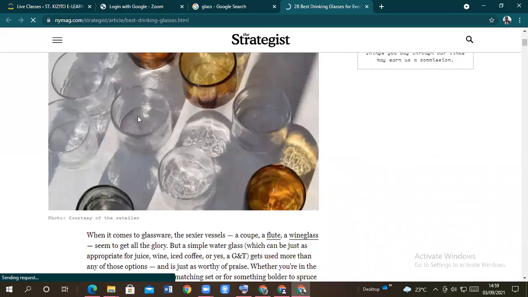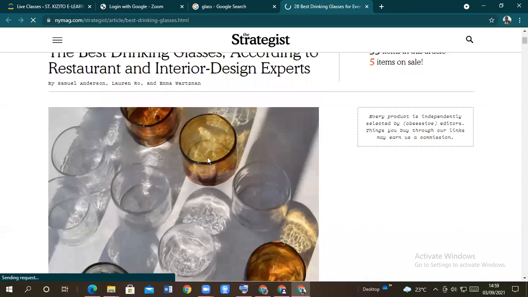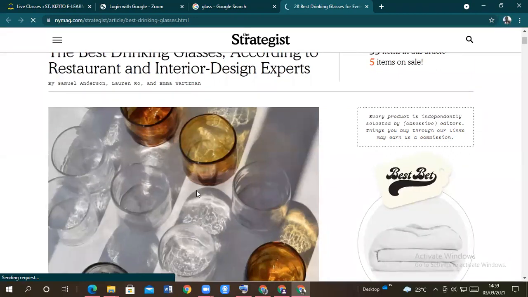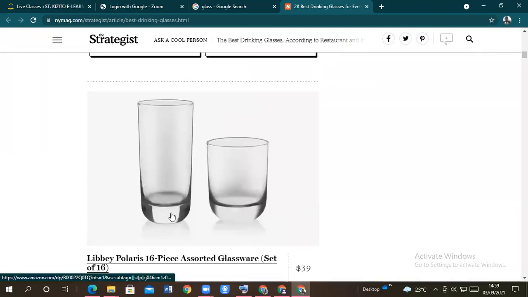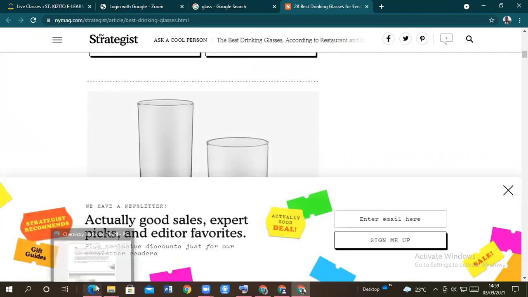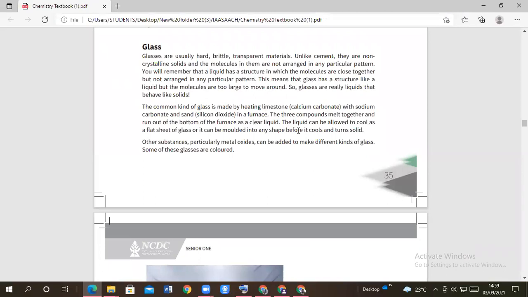When you look at those glasses, there are some that have curves somewhere. So they look like water, but their particles cannot move. They are too big to move. But in the water, they can move. So this, they look like water. That's what they are trying to mean there.